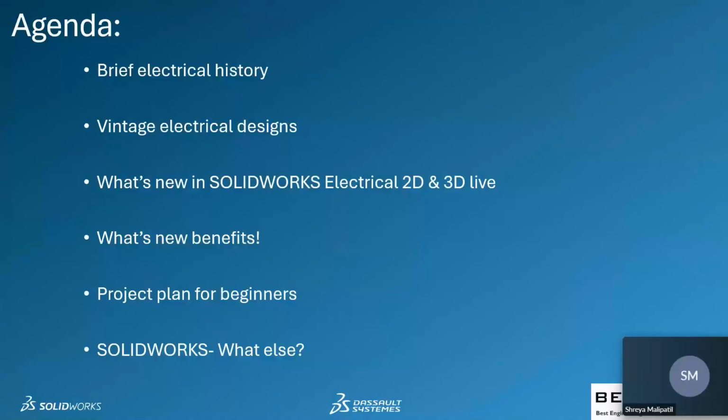Then we'll come back to what we saw in the live session and look at the benefits of those new features. Then we will see the project plan for beginners, anyone who's planning to start, like we saw in the poll: anyone planning to start 2D and 3D integration, or only 2D, and how to start off. And with SOLIDWORKS Electrical, what else can be done apart from what I showcased today? All of that we will be looking into.